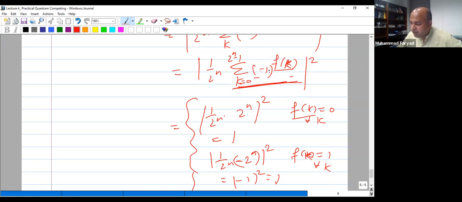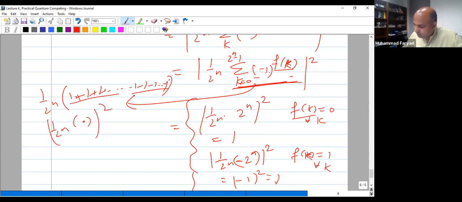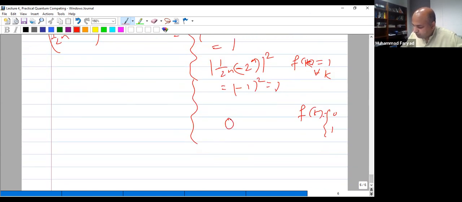So for half of the time in this sum, the situation is like this: 1 over 2^n, and it is 1 plus 1 plus 1, and then -1, -1, -1, -1. For half of the k values it's +1, and for the other half it is -1. So the sum becomes 0, and this probability will be 0.